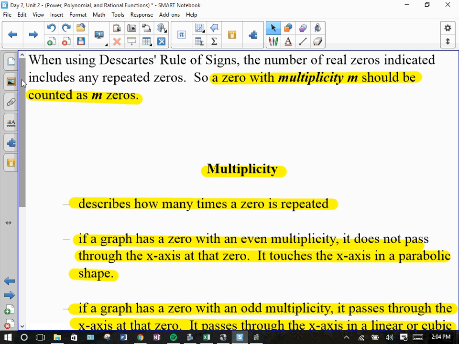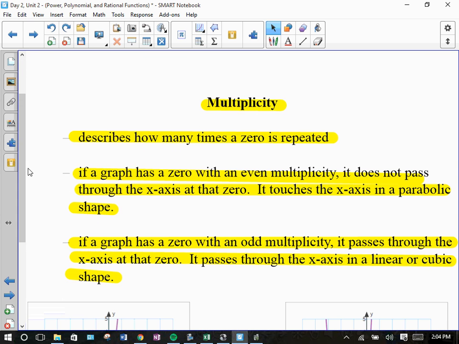The Descartes rule of signs counts, like, let's say positive 3 has a multiplicity of 2, that counts as 2 zeros. Okay? Now, if you're looking at the graph of a function and you see the zeros, a zero that has an even multiplicity, like 2 or 4, is going to look like a parabolic shape.